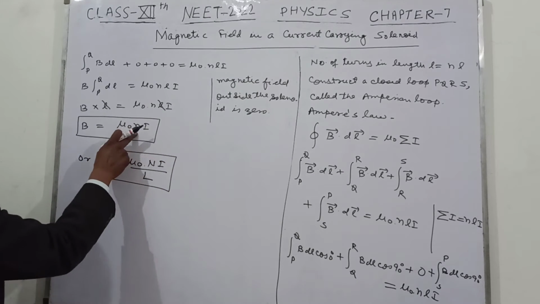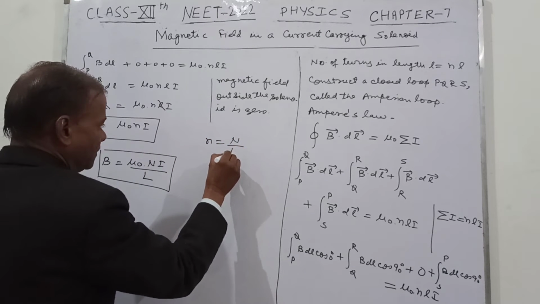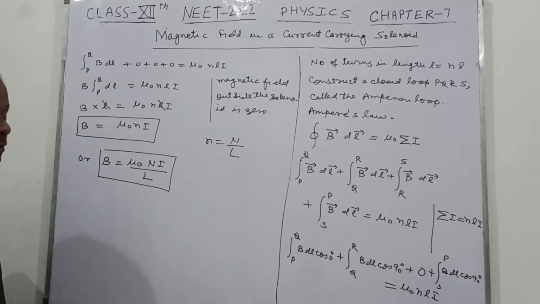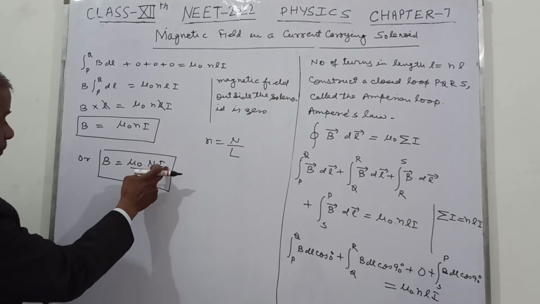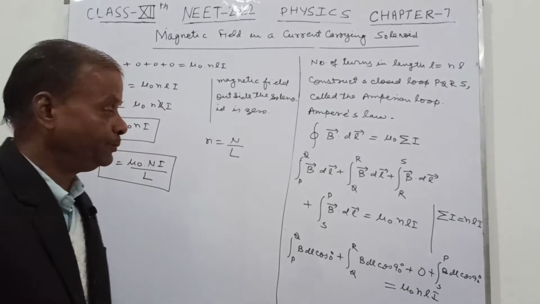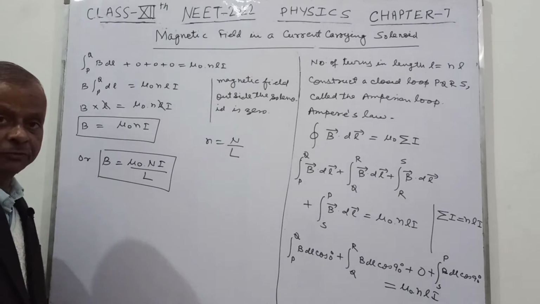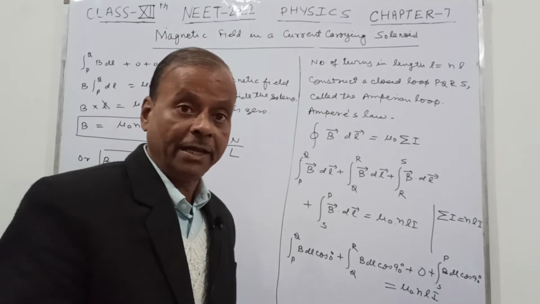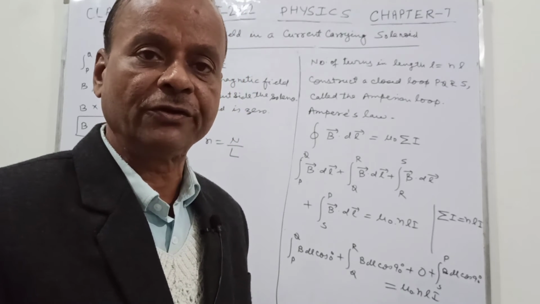We have used this n equal to N upon L. So what we are having, this B is directly proportional to the I, the current. So B is proportional to N, the number of turns, directly proportional to number of turns. And directly proportional to 1 upon L, the length of the solenoid.